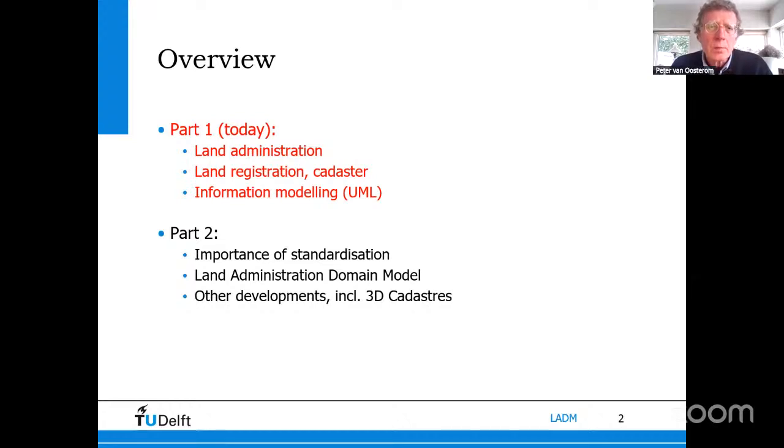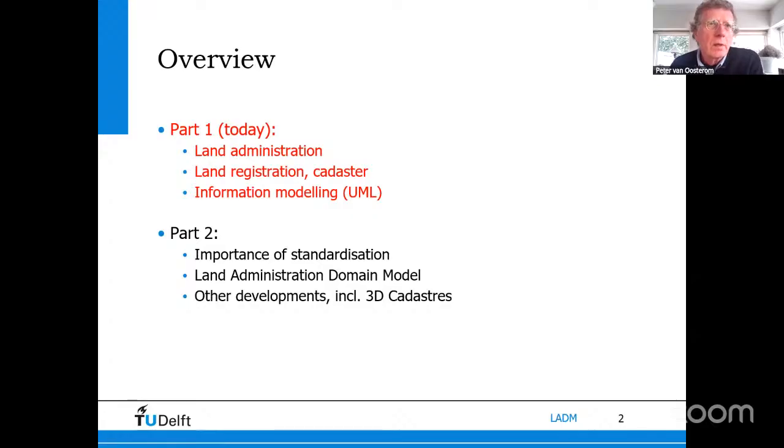But also very important, I will do a quick recap of the information modeling, UML, that Wilco already did, because that is used a lot in modeling a certain application domain.